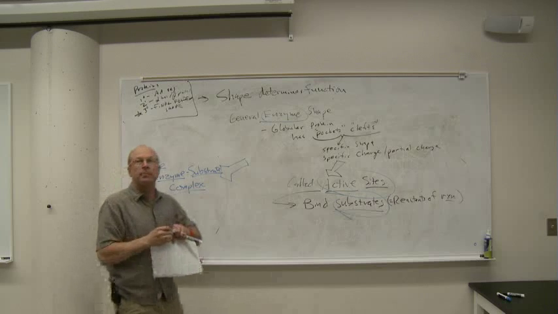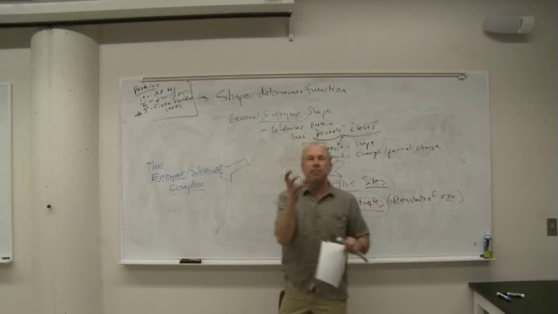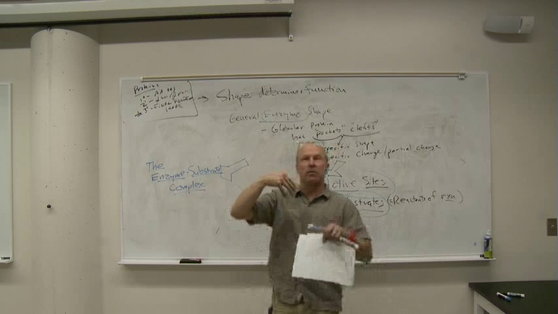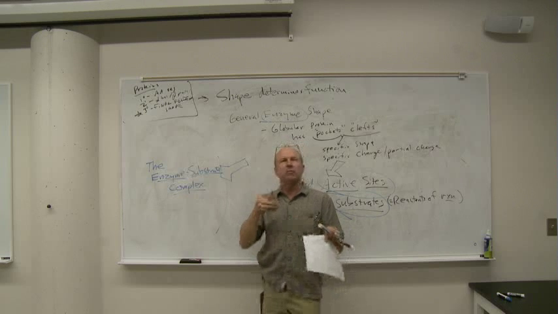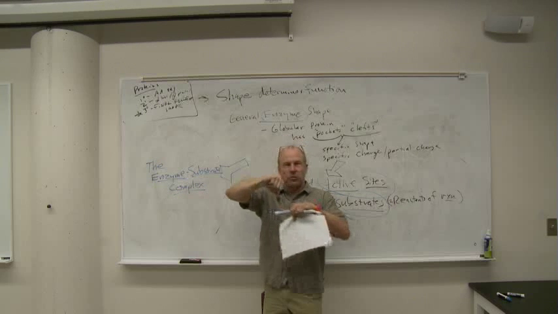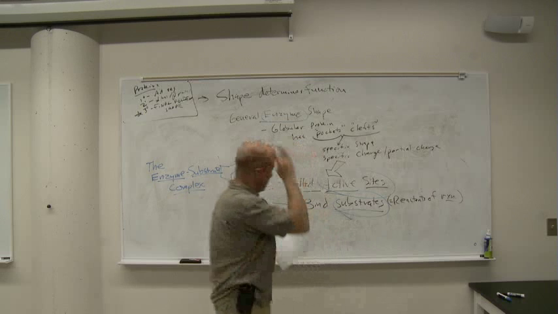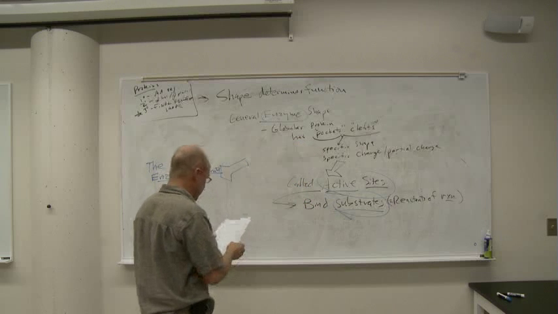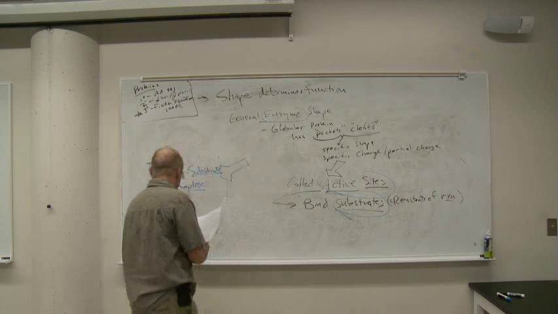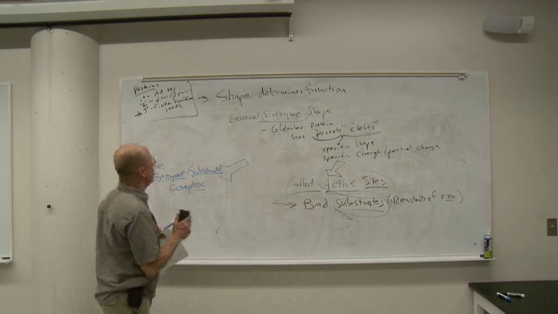So an enzyme substrate complex is an enzyme, a ball of Play-Doh, with a smaller ball of Play-Doh, the substrate, bonded to or stuck into the active site. That's the enzyme substrate complex. Generally speaking, let me show you what happens.